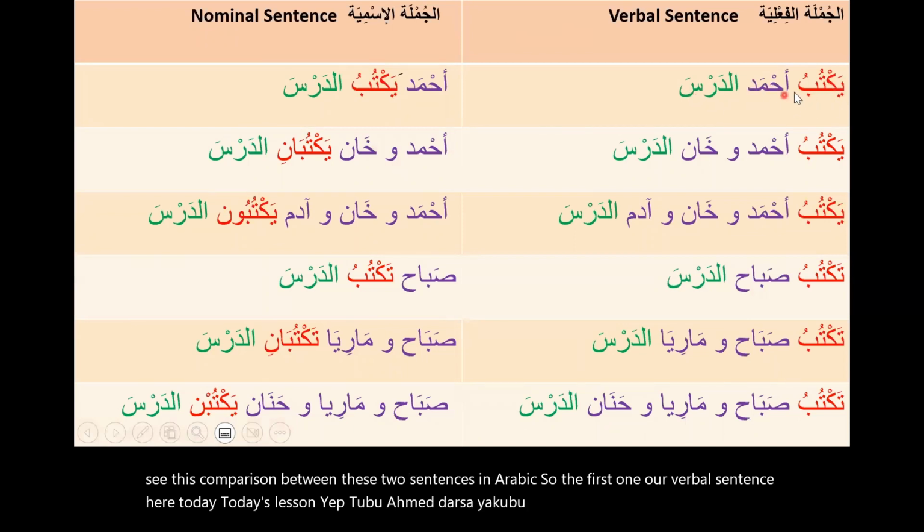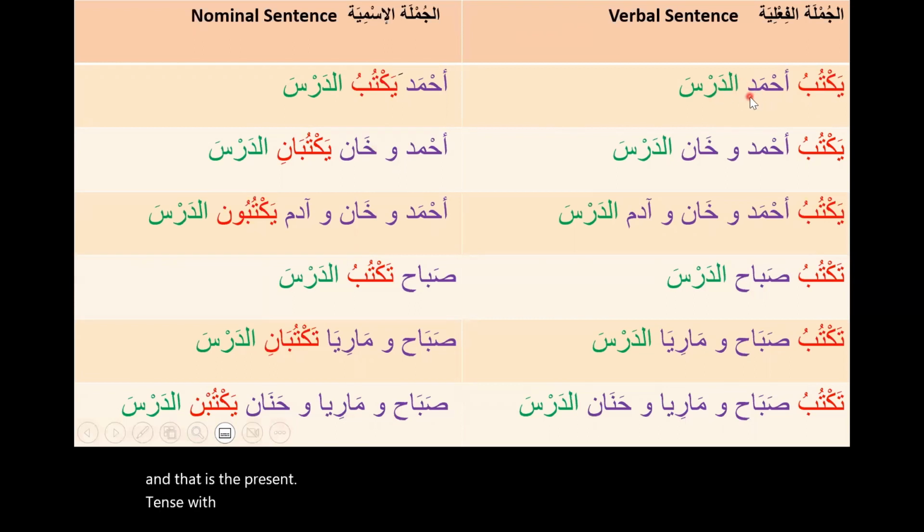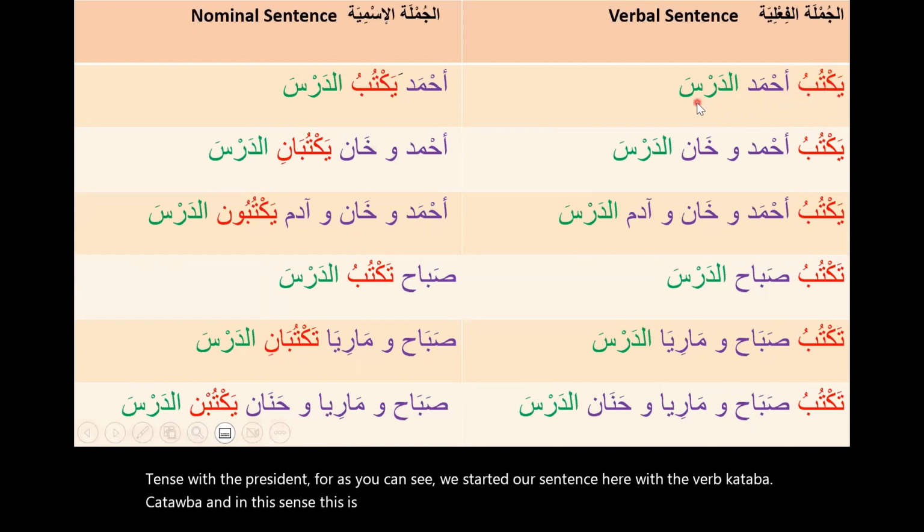So Ahmad writes the lesson, and that is the present tense. As you can see, we started our sentence here with the verb kataba, and in this sense, this is our verbal sentence.